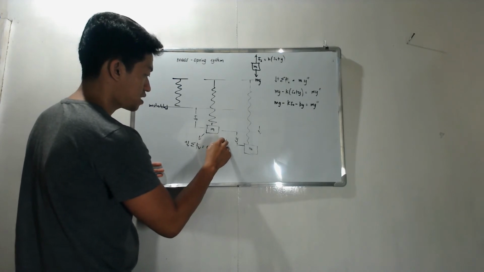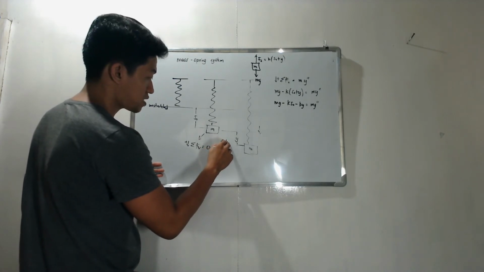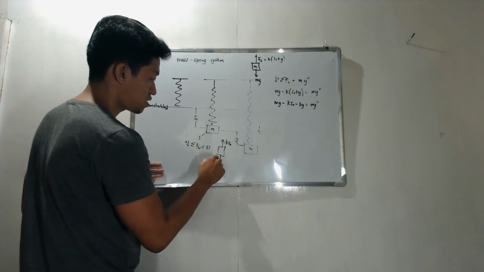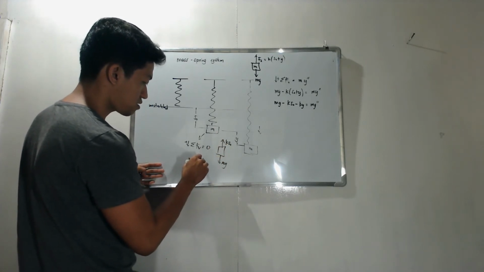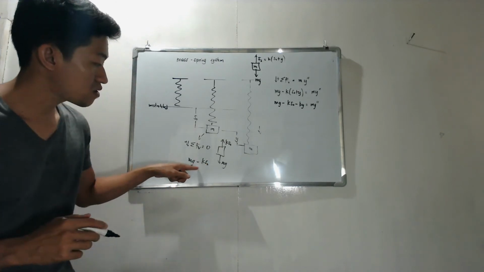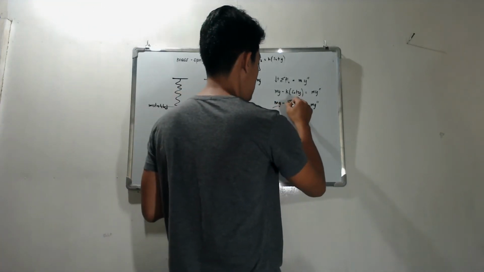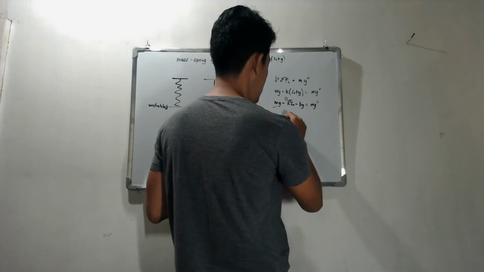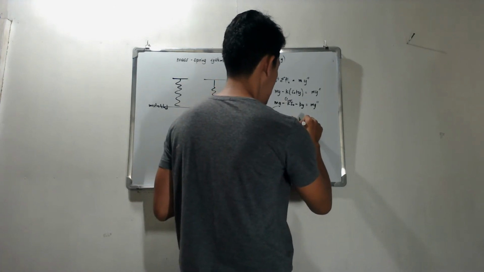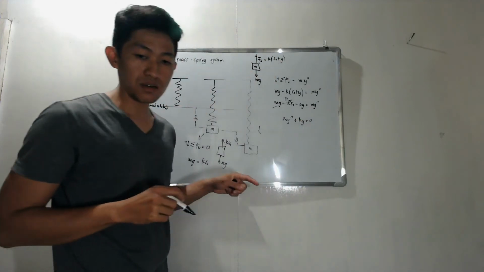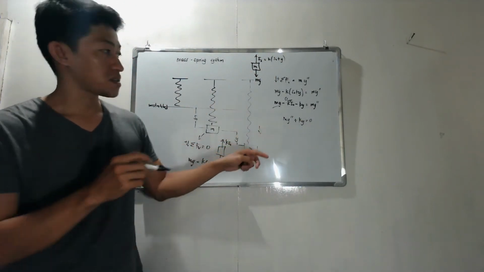You have force of the spring, which is K times S sub O, and mg. Therefore, mg is just equal to K times S sub O. Therefore, this whole term here will become 0. This is now your differential equation.